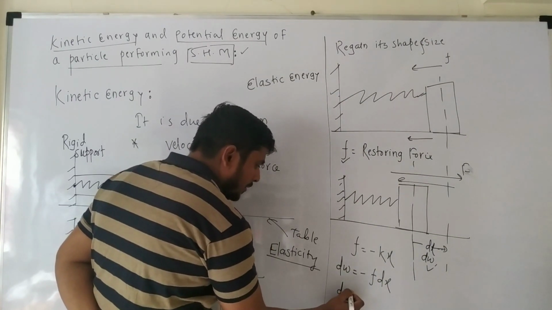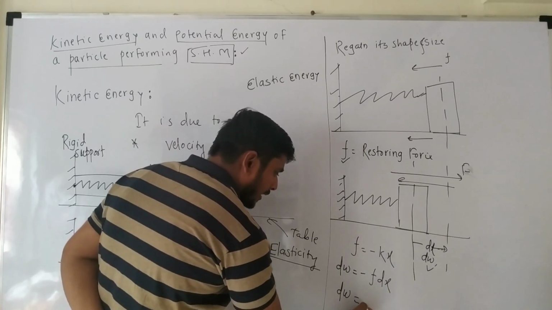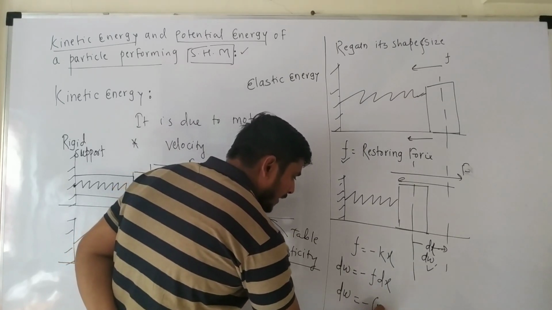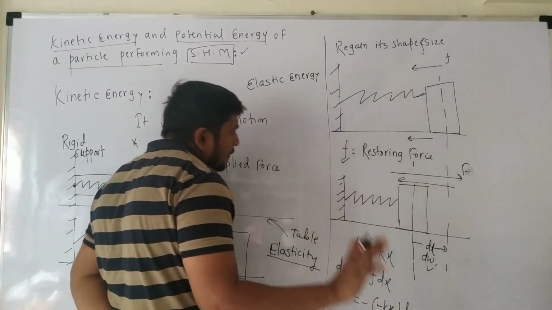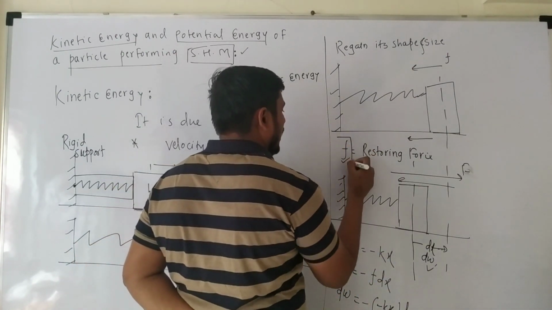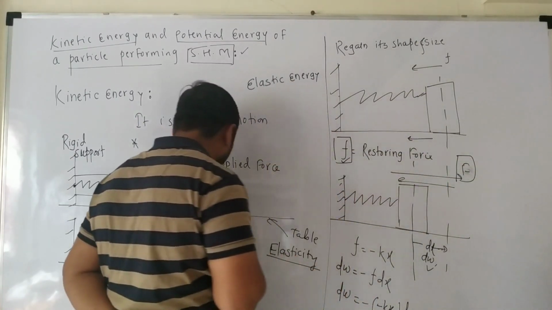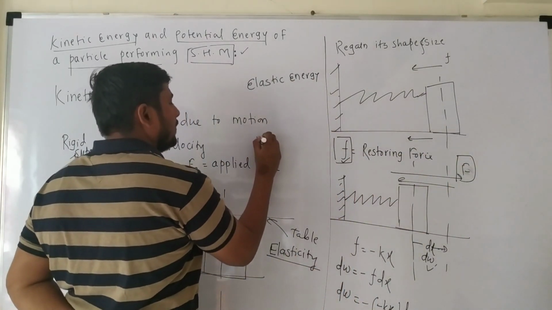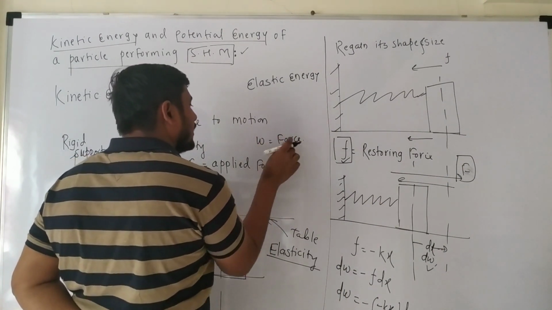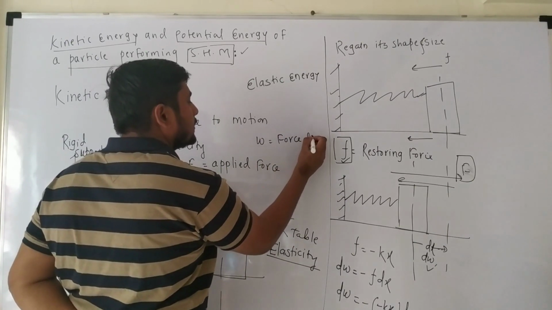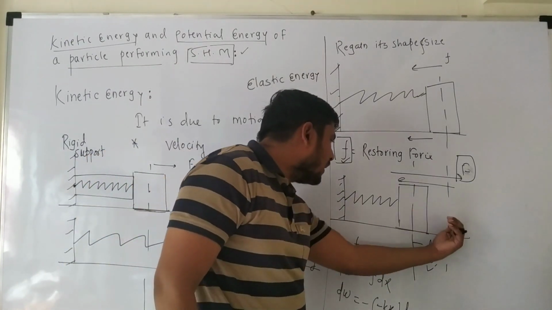So dw will be equal to, what is f? f will be equal to minus kx. So I am placing it over there: minus of kx into dx. If you still have any doubt about why I chose small f instead of capital F: normally work is equal to force into displacement. So which force? Whatever force due to which we have a displacement. So due to whom is this particular block moving in the backward direction?